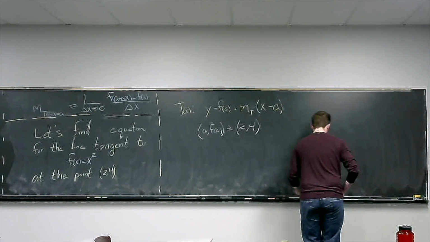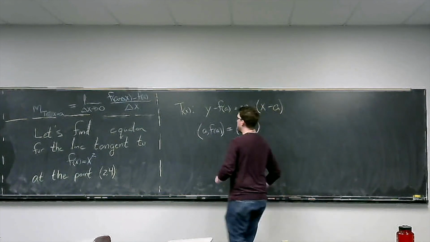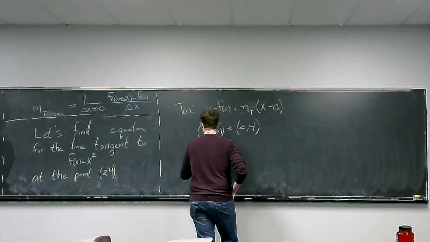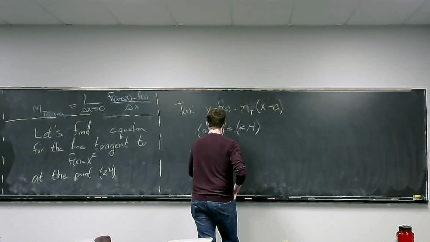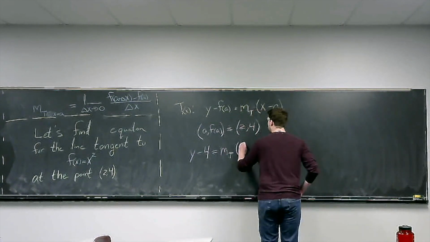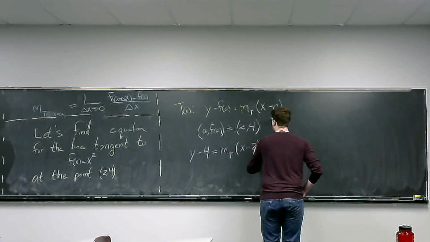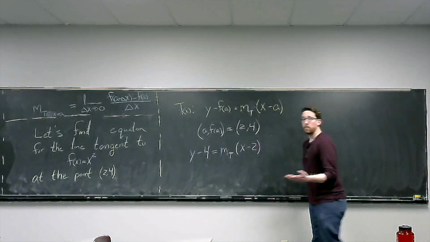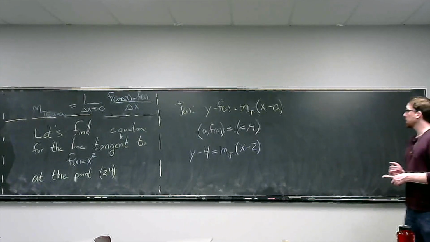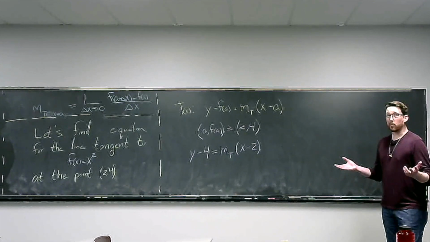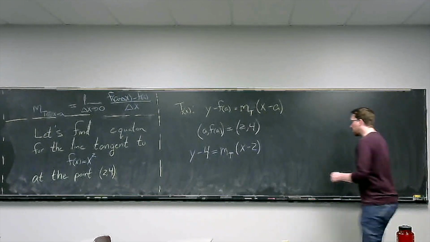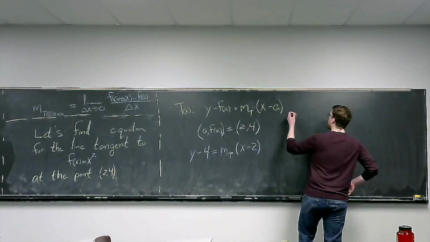So already we know, just from this problem, that this is going to be the line y minus 4 is equal to the slope of your tangent line times x minus 2. So now, all we need to do is find the slope of the tangent line and then some basic algebra. So let's find that slope of the tangent line really quick.